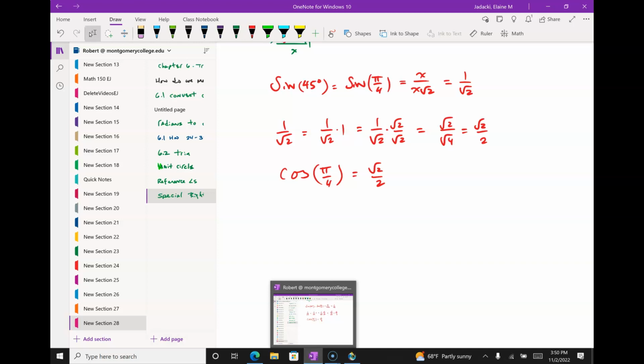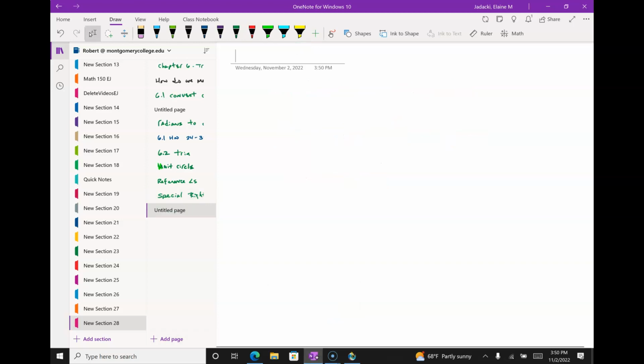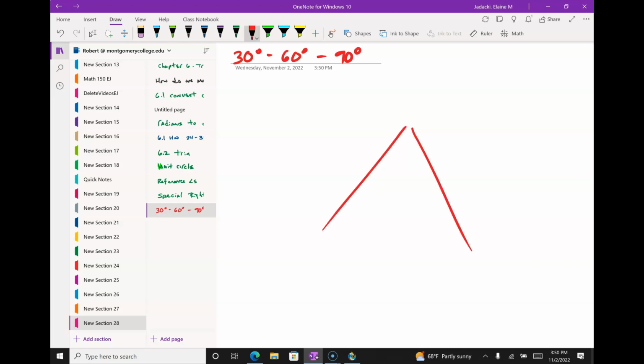My next special right triangle is the 30, 60, 90. And I'm going to get that from my equilateral triangle.